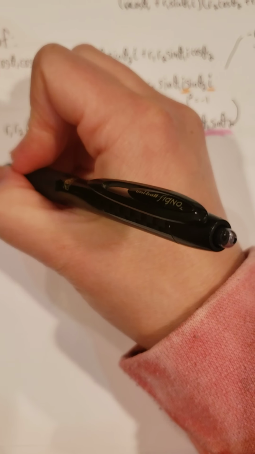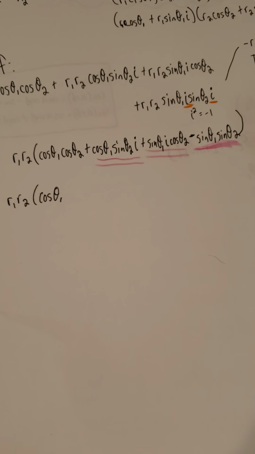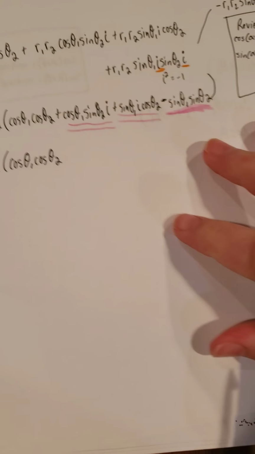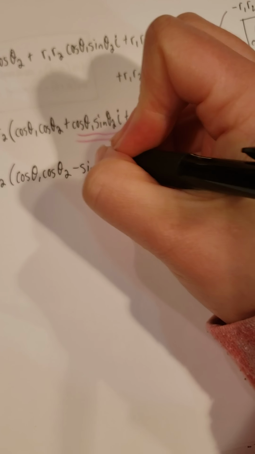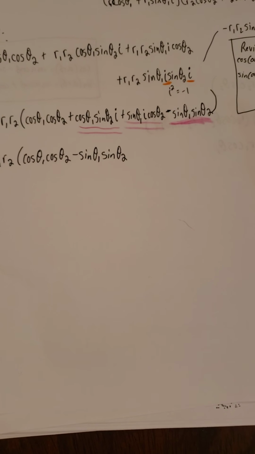So this is r1 r2 times cosine of the first angle, cosine of that second angle. Now I'm going to rewrite this term next to it: minus sine of angle 1, sine of the second angle, theta 2.